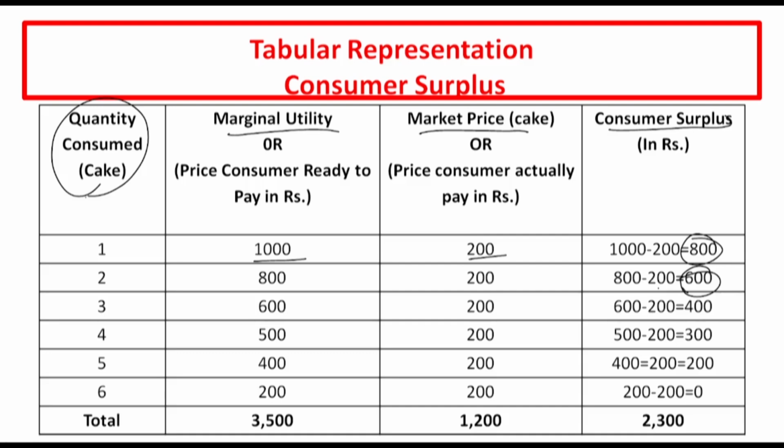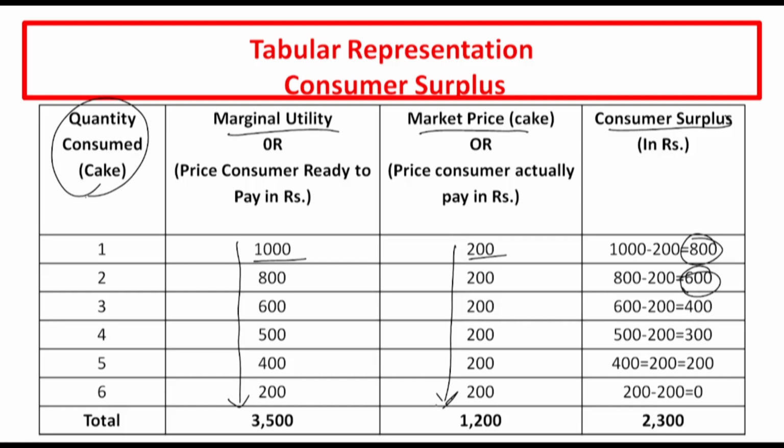And that is why for less utility, he is paying less money, and for high utility, he is ready to pay a high price. That is why as he is consuming, the marginal utility is reducing from 1000 to 800, 800 to 600, 500, 400 and 200. But throughout the period, the price which he paid for the product was 200 only.